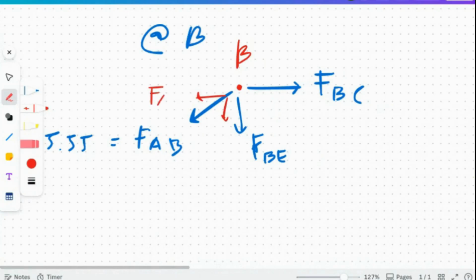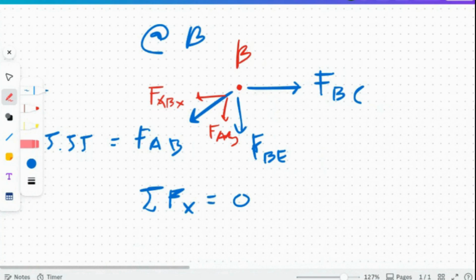We already know these from earlier. We solved FABX and FABY. To sum up our forces, summation of horizontal forces is equal to 0.